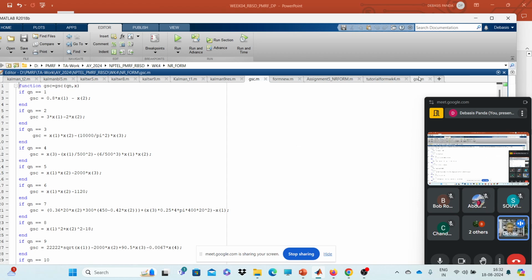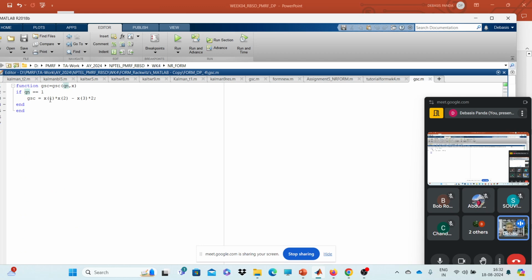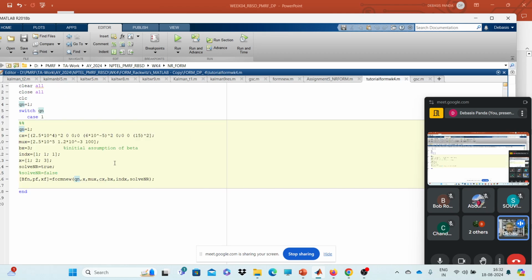Here we have only three random variables, and I just define the limit state here. Now I need to define the covariance matrix. We have three random variables and they are uncorrelated, so the matrix is sigma 1 squared, sigma 2 squared, and sigma 3 squared. These values are already given.